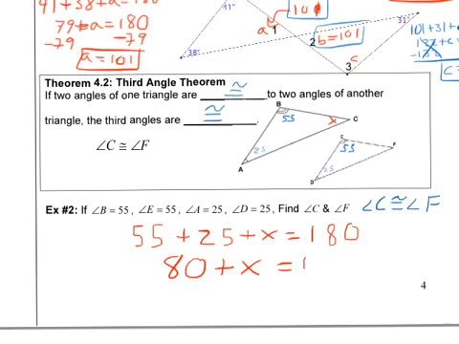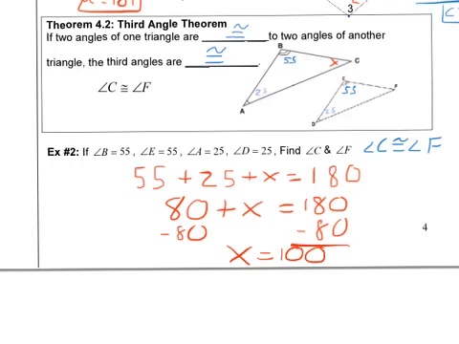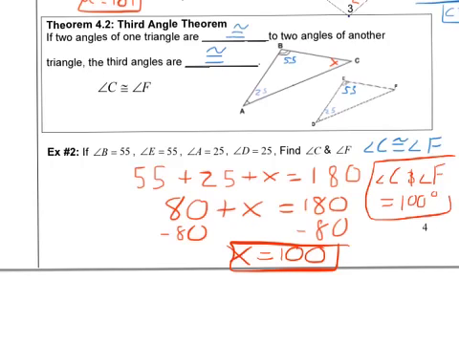So 80 plus X equals 180. Subtract 80 from both sides, and we get that X equals 100. That means that if X equals 100, both angle C and angle F equal 100 degrees. There we go. That's how we do that problem.